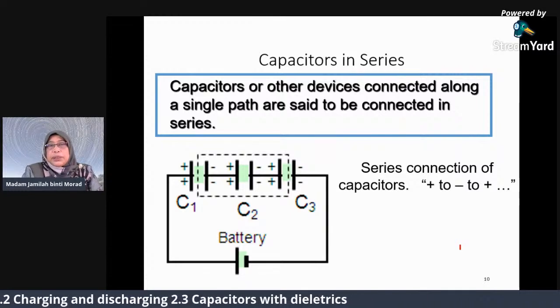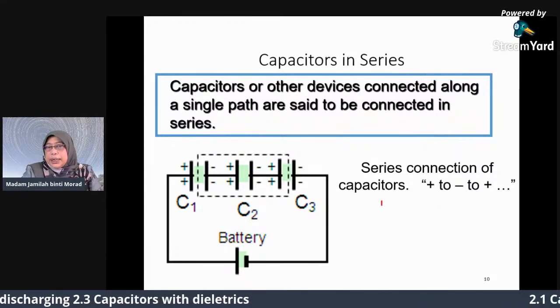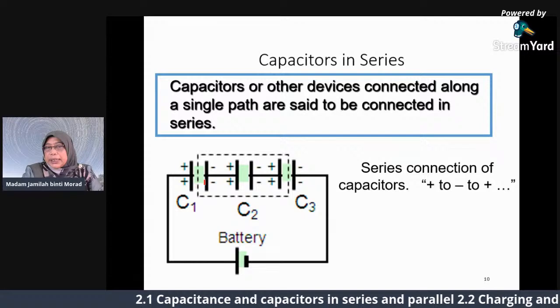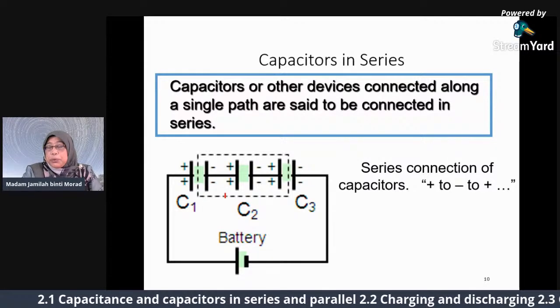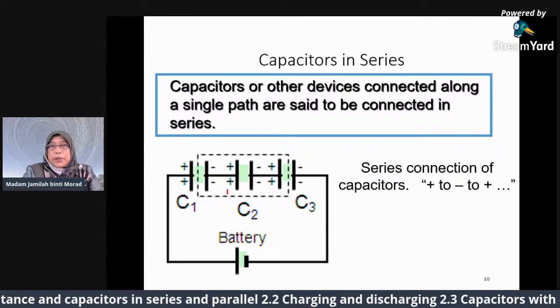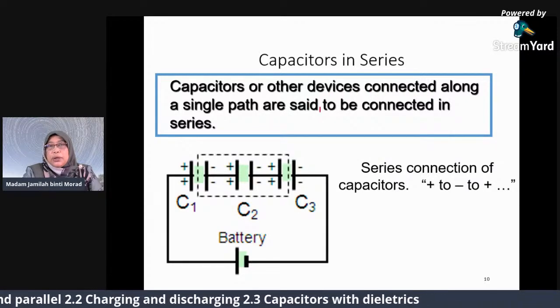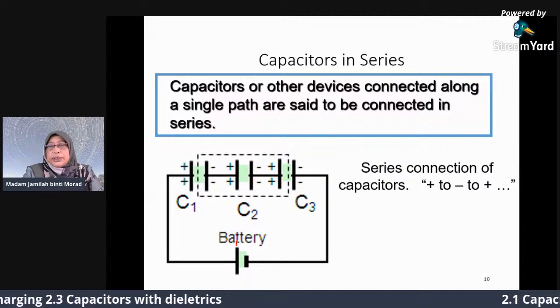To determine whether the capacitors in your circuit diagram are connected in series or in parallel, you should have the skill to look into the connection of more than one capacitor. Capacitors or other devices connected along a single path are said to be connected in series.